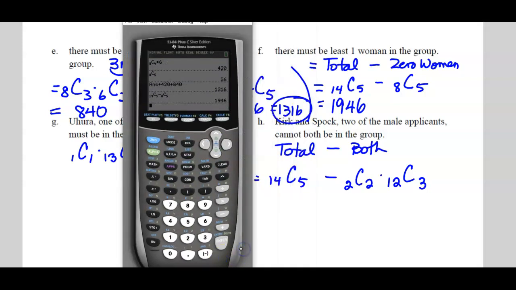So let's do this one. I already have 14C5 in my calculator. I'm not going to bother putting in the first part because that has a value of 1. So I'm going to put in 12 and 3.